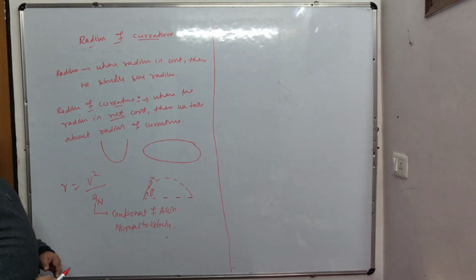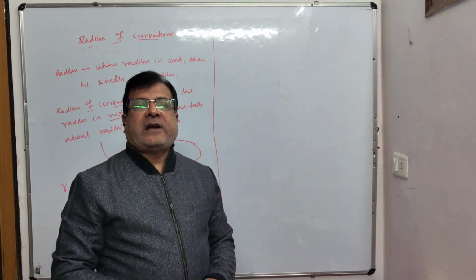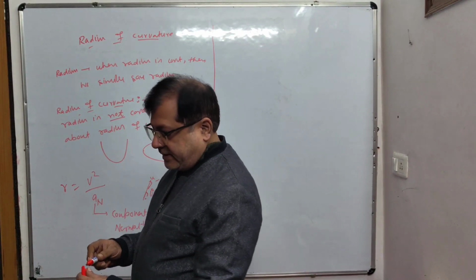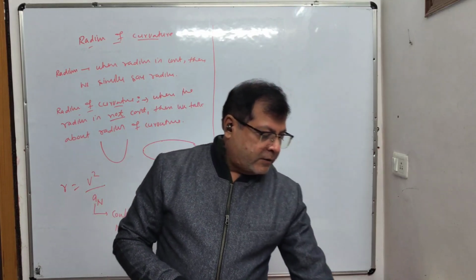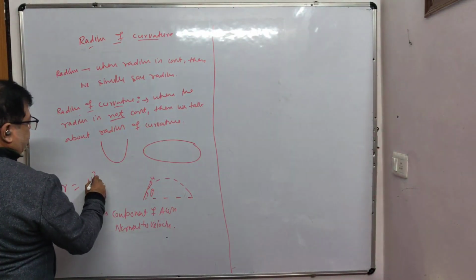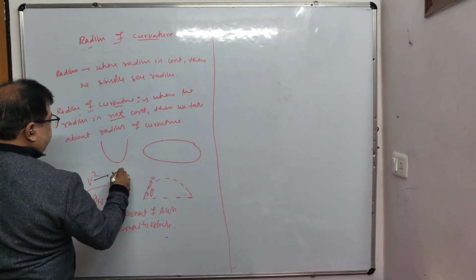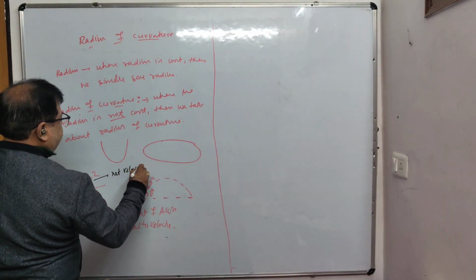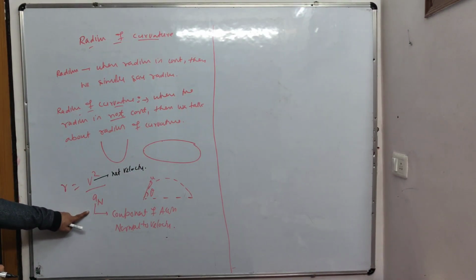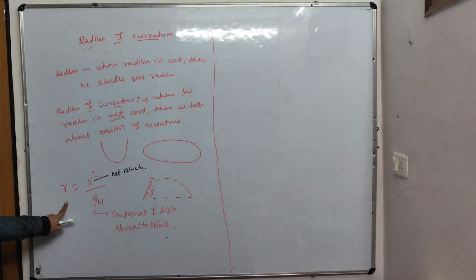You are not taking the component of velocity, but you have to take the component of acceleration which is normal to the net velocity. This is the net velocity. Then the ratio of these two gives you the radius of curvature at that point.